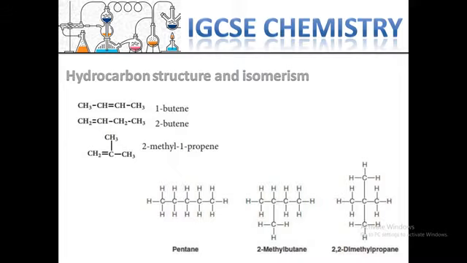Which one has the lowest value? The lowest value belongs to 2,2-dimethylpropane, because this structure has more branches. If you see, this one is very straight. You can see the other two branches here. This structure has only one branch. And this structure is just a straight chain.